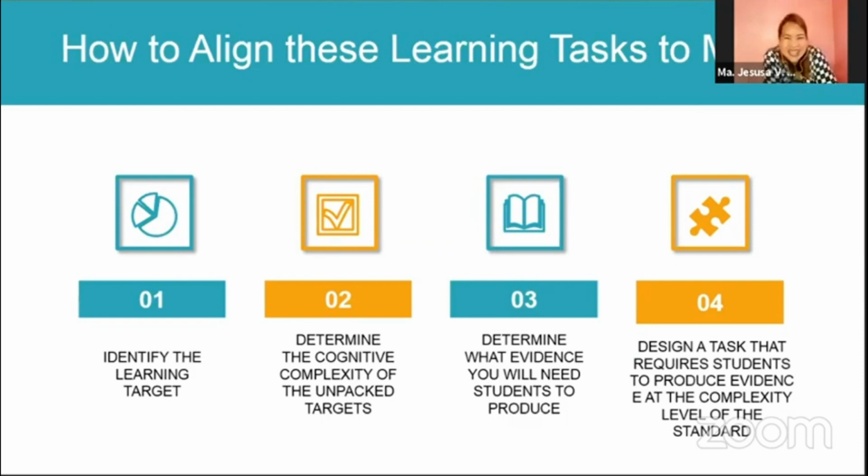Next is number 4. Design a task that requires students to produce evidence at the complexity level of the standard. I know that you're familiar with the levels: easy, average, difficult. But today we're not going to focus on how difficult the level is.